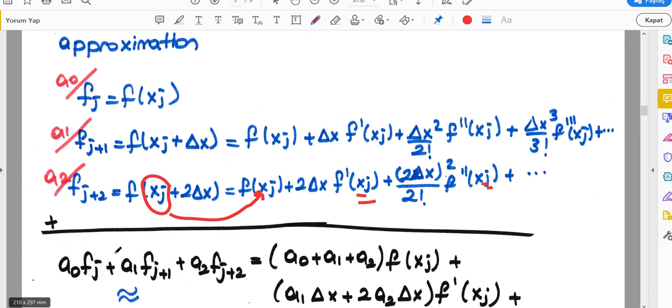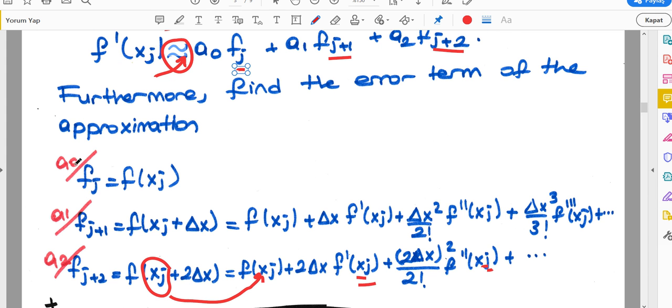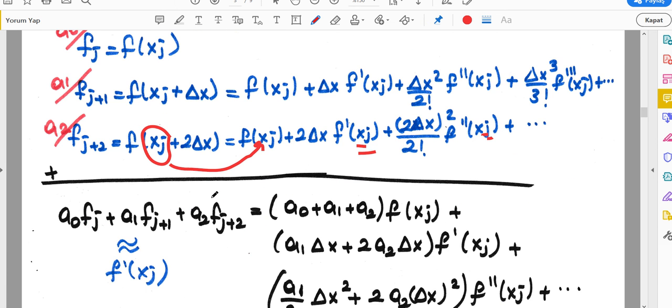After writing and multiplying them, I go back to reading my question. The question says you will add A0 f_j, A1 f_{j+1}, A2 f_{j+2}. After adding them, you will recollect all the common parameters: f of x_j, f derivative of x_j, f double derivative of x_j.